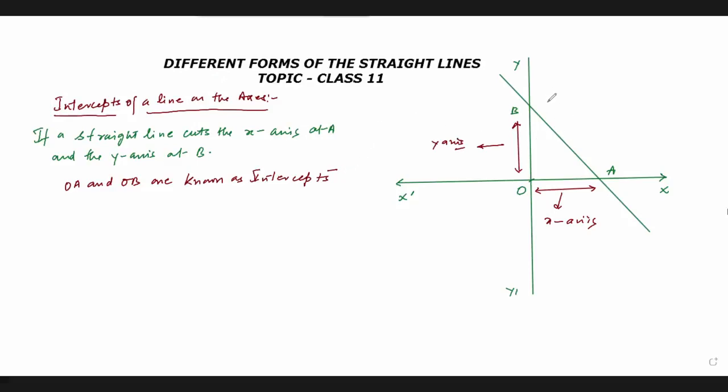It depends upon our line how it is cutting the x and y axes. An intercept is nothing else but a distance from the origin. This O is the origin. If I say the OA distance is A and the OB distance is B, then A is my x-intercept and B is my y-intercept.